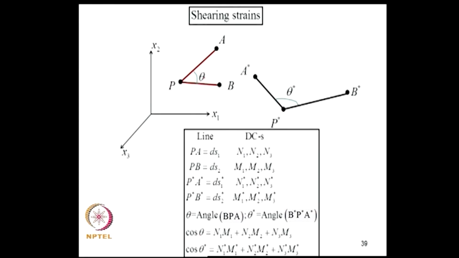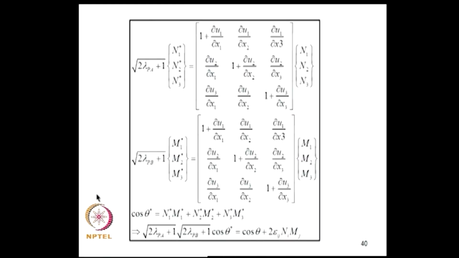Now, cos theta I can write as n1 m1 plus n2 m2 plus n3 m3, and cos theta star is given by this. So, now using the relation between the direction cosines of the line segment in the deformed configuration and those in the undeformed configuration, which we derived a while before, for the 2 line segments I write this, and if we now evaluate cos theta star in terms of u's and n1 n2 n3, it can be shown that there will be these factors.